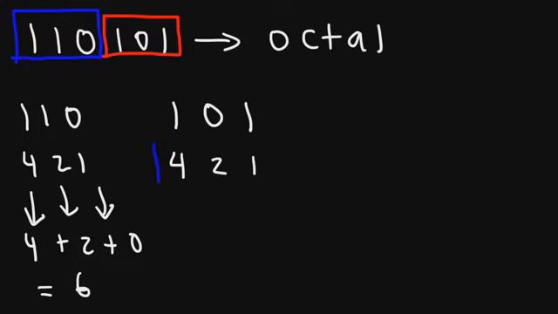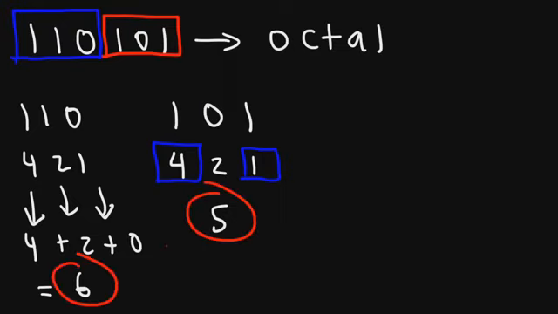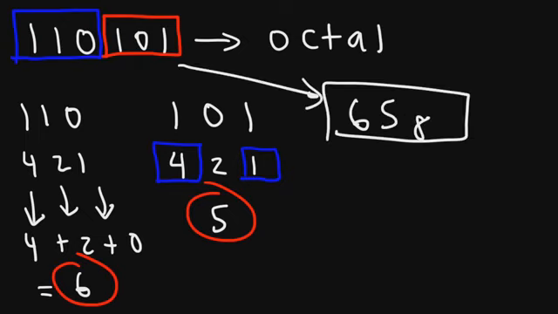Here we only need to add the 4 and the 1 because 1 times 4 is 4, 1 times 1 is 1. And so this will add up to 5. So our answer is going to be 65. So that's how we can convert a binary number to an octal number.